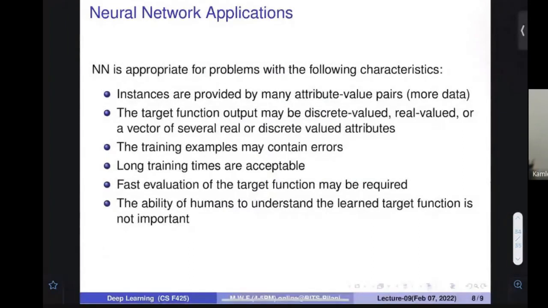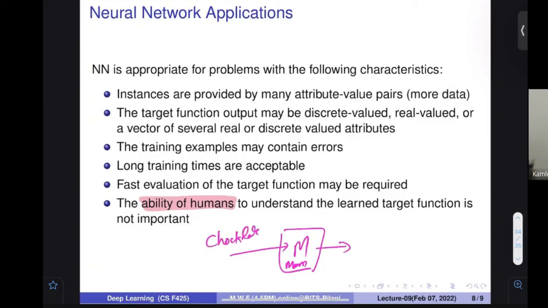Also, a very important thing is this: suppose you have a model, and you are providing some feedback and getting the output, and let's assume that this model is mom. This is mom, your mommy, and you are asking the mommy, mom, I want to take chocolate.